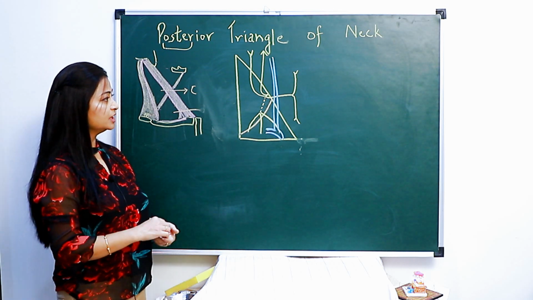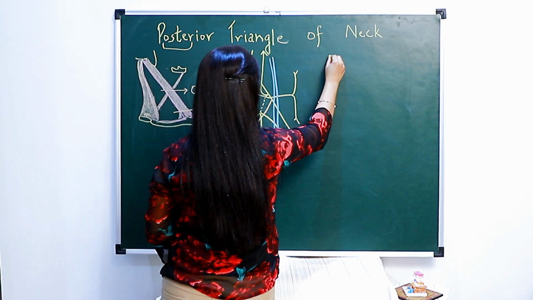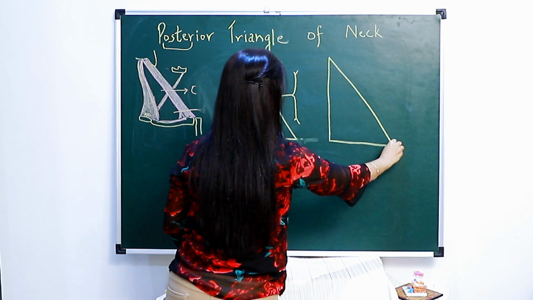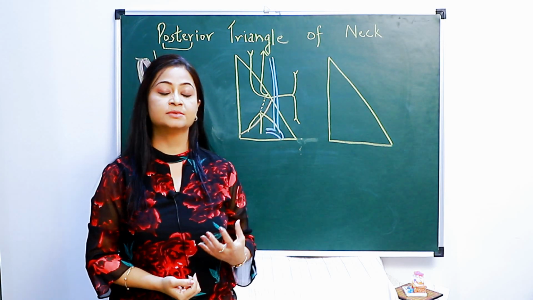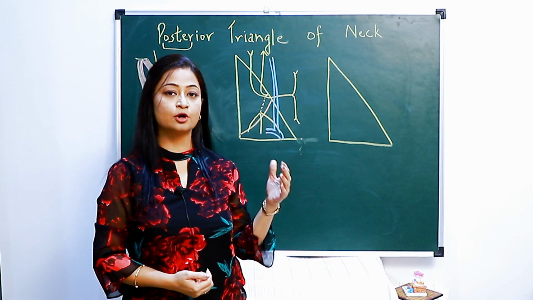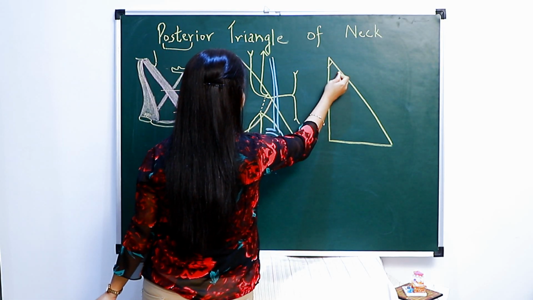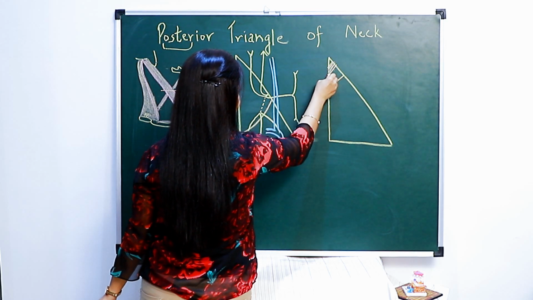Okay, now let's talk about the floor of this triangle. So again we have our posterior triangle like this. Now the floor of the triangle is formed by a whole lot of muscles from above downwards. The first muscle over here is the splenius capitis.